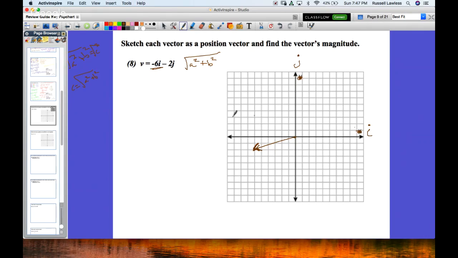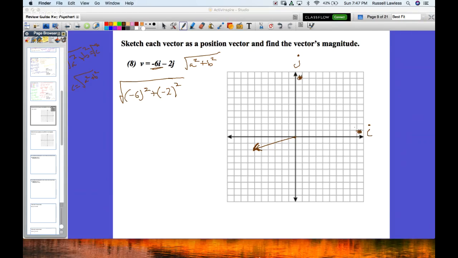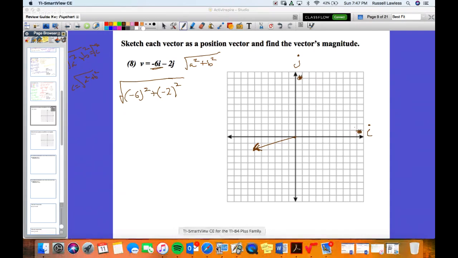To calculate the magnitude, we will do the square root of -6 squared plus -2 squared. I do want to show you on your calculator some things that I notice happen when people do this.